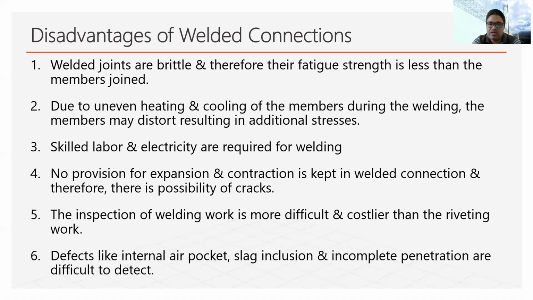For that we are supposed to conduct some tests, and those tests are very costly, like the radiography test or the ultrasonic wave test. That is why sometimes it becomes very difficult to check whether there is any defect in the welded connection. That is also considered a disadvantage of welded connections.